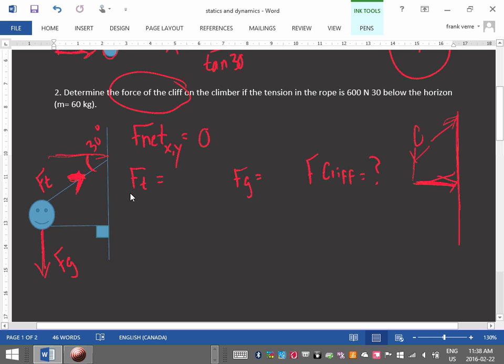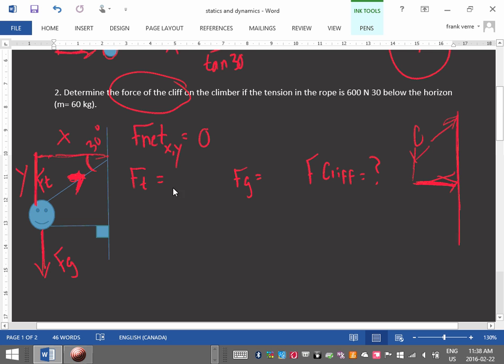So let's look at tension. Well, we can think of it as a triangle. We can look at this component and this component. So let's look at our tension in terms of the x and y.